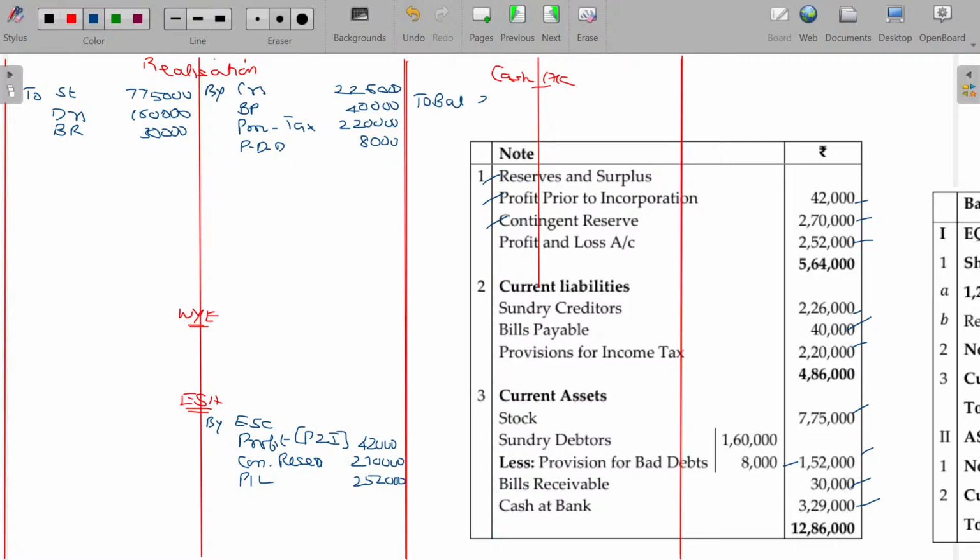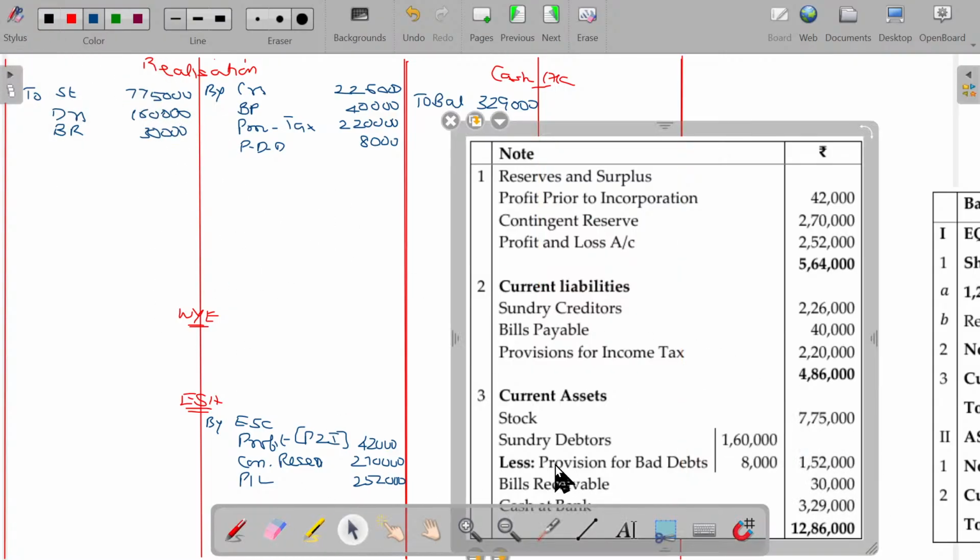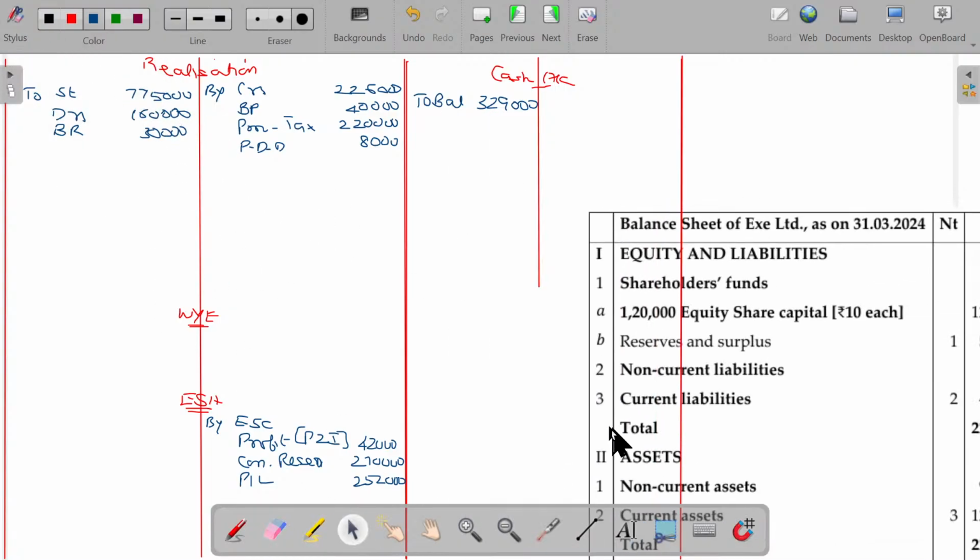This value being 3,29,000. With that, I have completed posting the notes to accounts. Leaving that, other items, probably assets and liabilities in the balance sheet, could now be posted here.